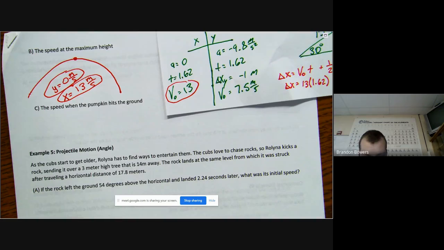Next one says, what is the speed when it hits the ground? So I have to solve for final velocity.